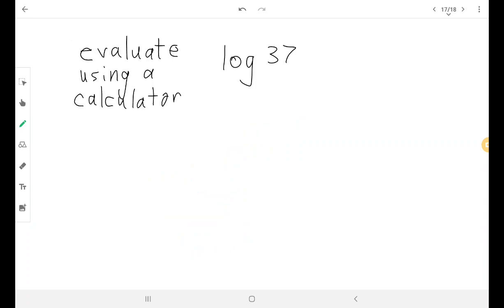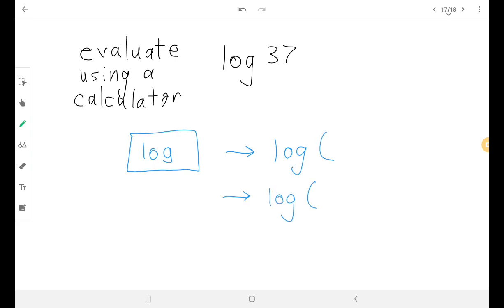And let's look at the next problem. All right, so now this one says evaluate using a calculator. So on your calculator, you want to find the button that says log. You want to hit that, and usually it'll bring up this, and you want to put in 37.